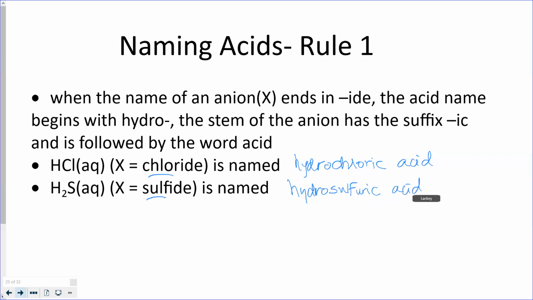And if you had put like sulfic and just chopped off IDE, it would still be counted correctly. It just sounds weird. So they use the full name for sulfur instead of that sulf part. But anytime it ends in IDE, make sure you have that prefix of hydro, the main part of the anion name, and it ends in ic acid.